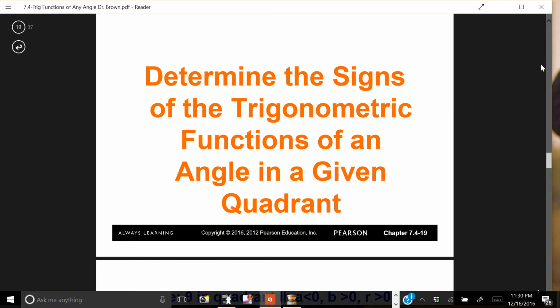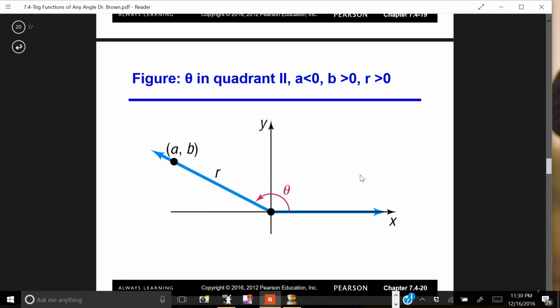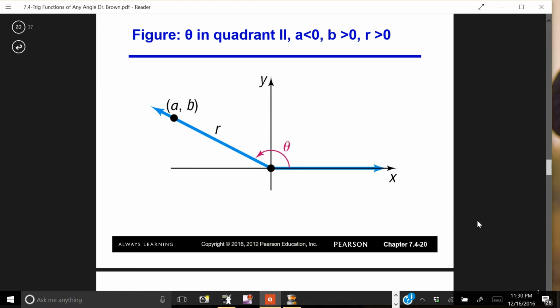Now, we want to determine the signs of the trig functions of an angle in a given quadrant. Remember that the sine of theta is equal to b over r. Cosine of theta is a over r.